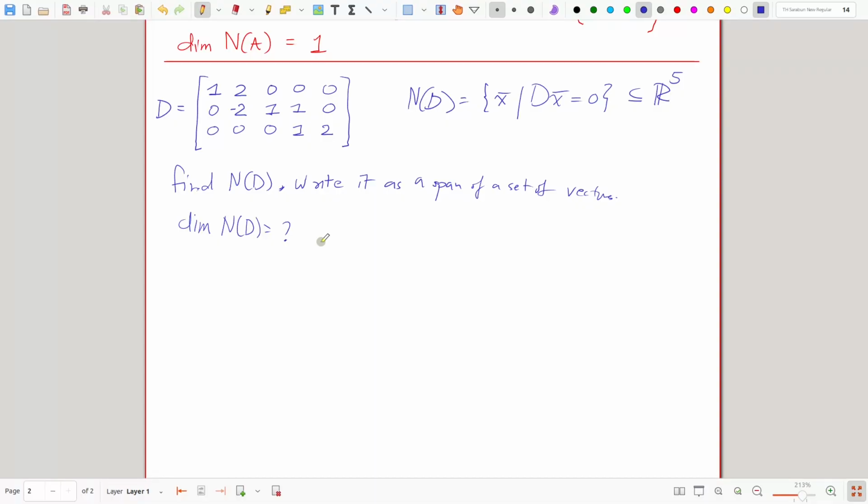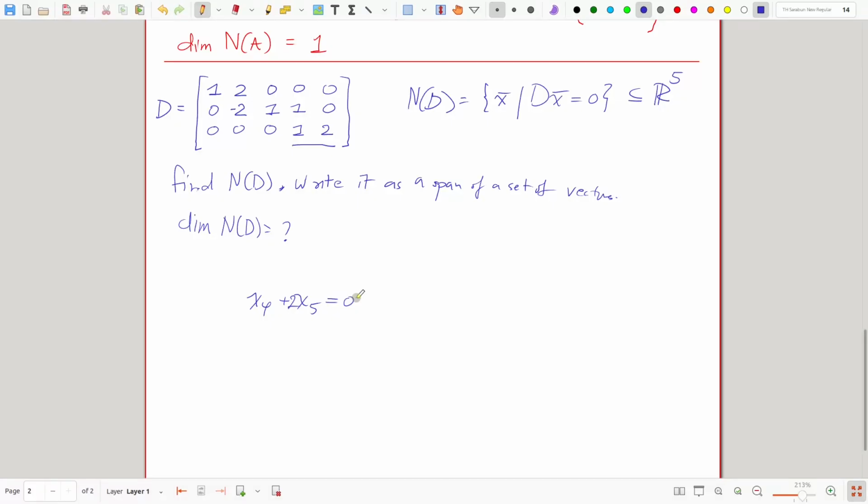All right, so let's work on it. Let me just ignore the equations. I'll work on it, I won't write it down. If you look at the last row, you have x4 plus 2x5 equals 0, right?